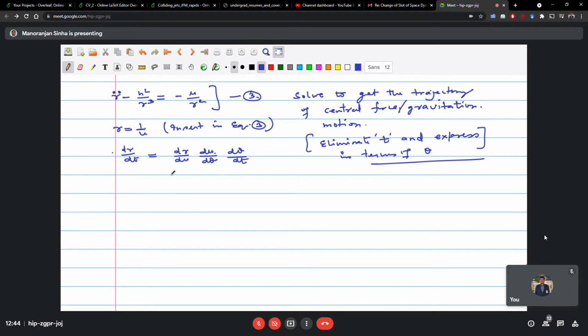So dr by du will be minus 1 by u square, and du by d theta, and this is nothing but theta dot, which is h by r square. Since 1 by r square is u square, theta dot is h u square. So this gets reduced to minus h times du by d theta.